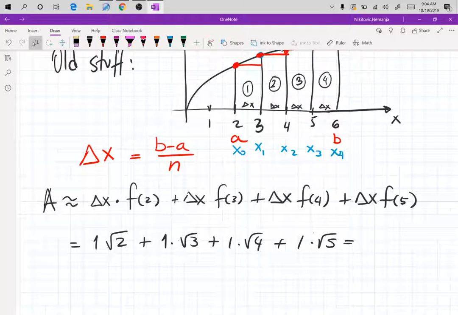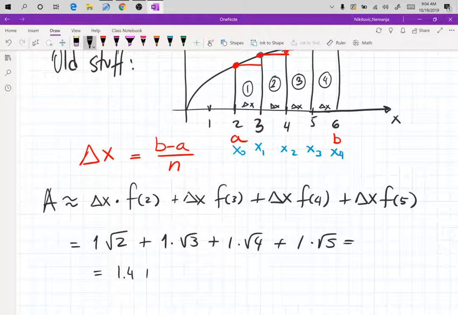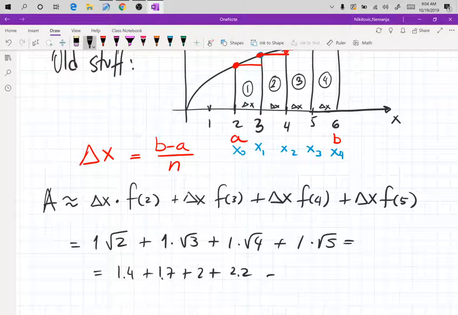And when you calculate this, you get 1.4 plus 1.7 plus 2 plus 2.2. And then you add all of these, so 2, 4, 6, 7, 3. So we calculate that the area is approximately 7.3. And that's what you did in Calc 1.